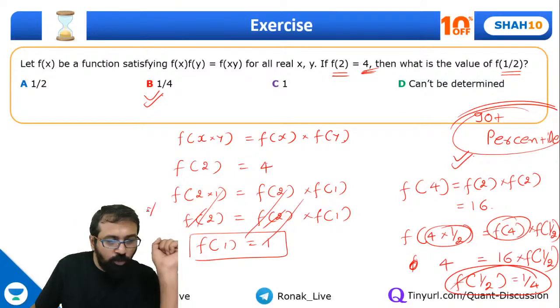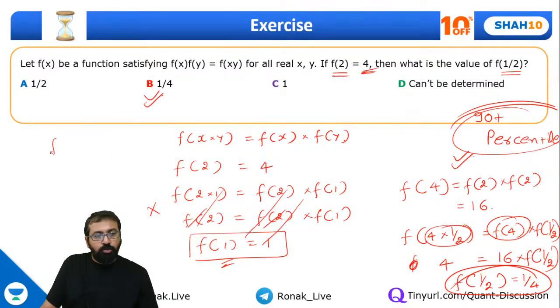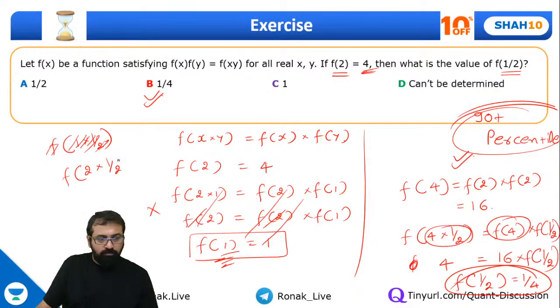So we actually don't require this step. If you go by this one, you could have done it this way, guys. Probably you can also do it this way. Since we have found out f of 1, I can do it as f of 2 into 1 by 2, which is equal to f of 2 into f of 1 by 2.